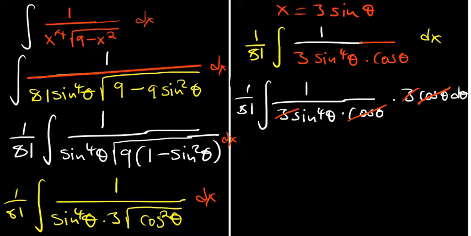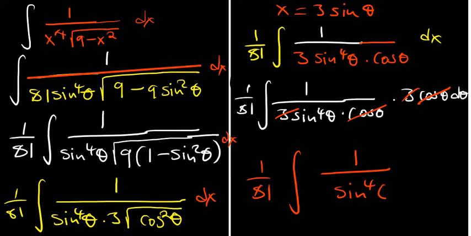So the next point what we have is 1 over 81 put away from the integral, and then the integral of 1 over sine to the power 4 of theta, and then of course the d theta there.